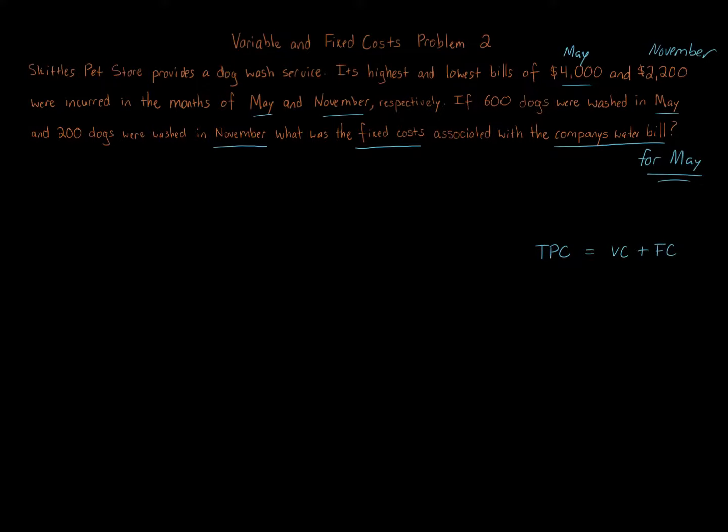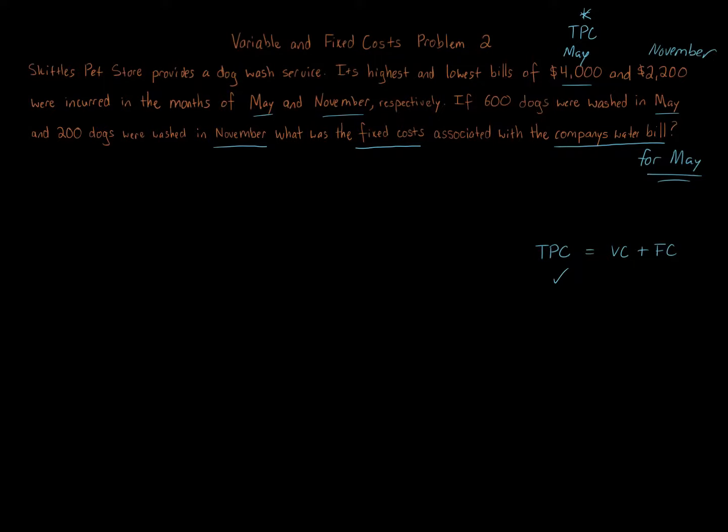So here's our strategy. If we know TPC, or total production costs, for the month of May, and we know either variable costs or fixed costs, we can solve for the other. We do know the total production costs for May, we have that right here. As long as you have one or the other, you can solve for the other.